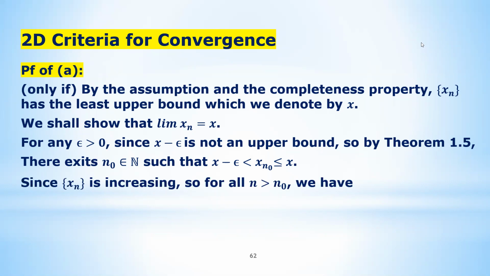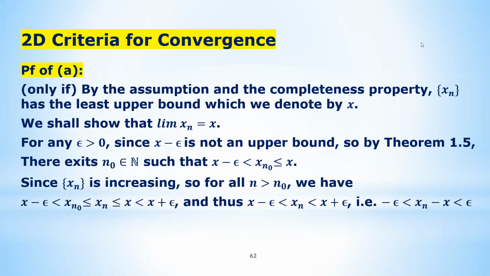Then since xn is increasing, for any other term where n is greater than n naught, we're going to have that xn is greater than xn naught, which is greater than x minus epsilon. On the right side, xn is less than x, and x is less than x plus epsilon.